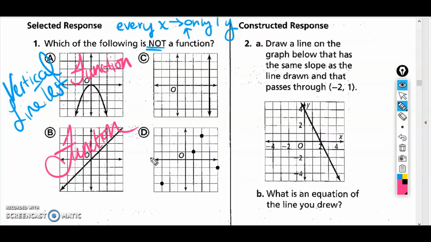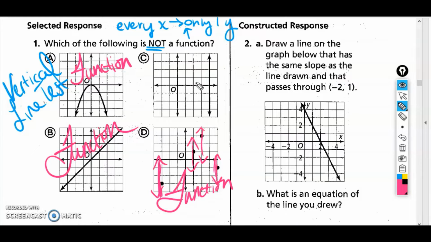Even though this is not a continuous graph, no matter if I drew a vertical line through here, or here, or even in this point, I'd still only hit the values of my graph once. So this one only goes through 1 point, this one only goes through 1 point, this one only goes through 1 point, this one only goes through 1 point. So this would also have to be a function.